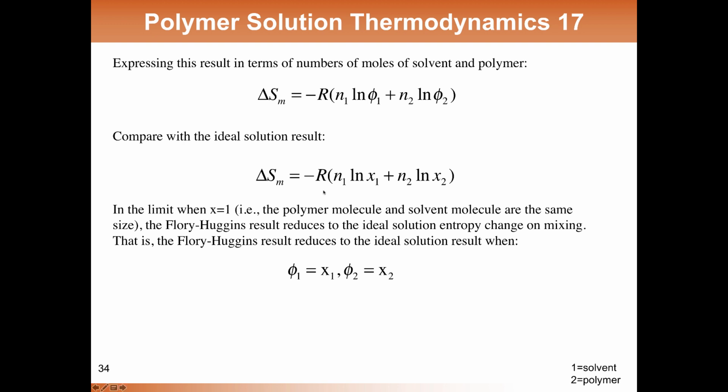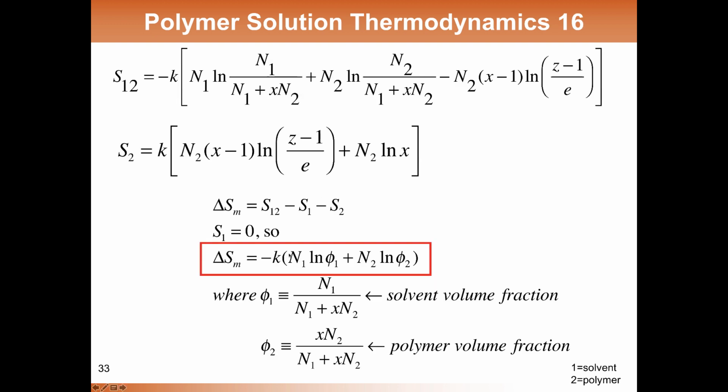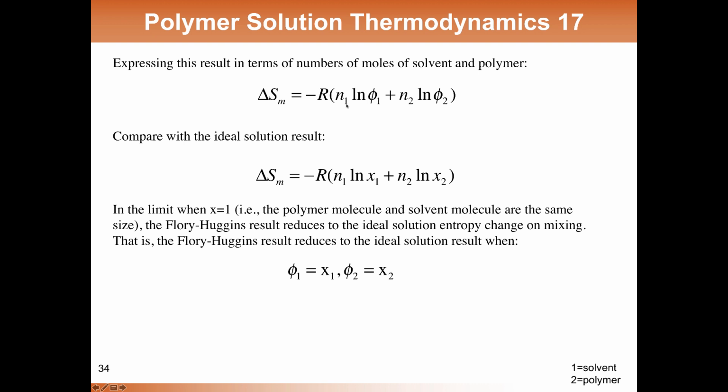And so if we put this now on this basis, with Boltzmann's constant, N1 and N2 are numbers of solvent molecules and numbers of polymer molecules. We can now put that on a number of moles of solvent and polymer, lowercase n1 and n2, and then Boltzmann's constant times Avogadro's number becomes R. And if you compare that to the ideal solution result, the only difference is the replacement of mole fractions in the ideal solution result with volume fractions in the polymer solution result.